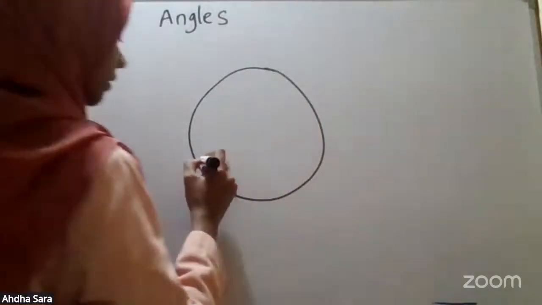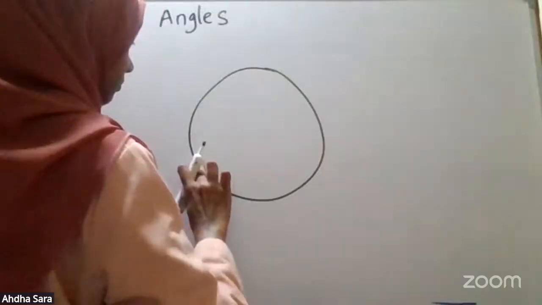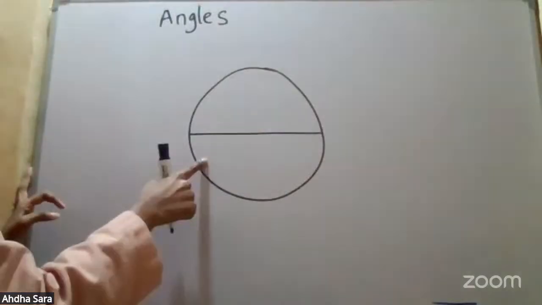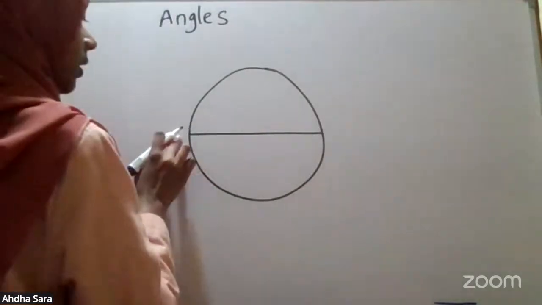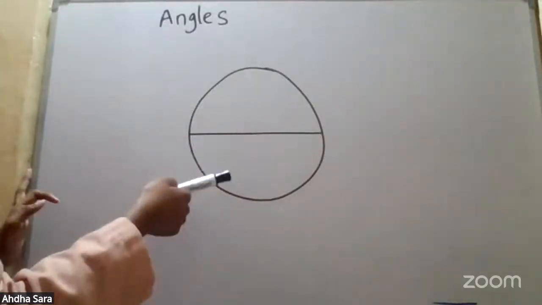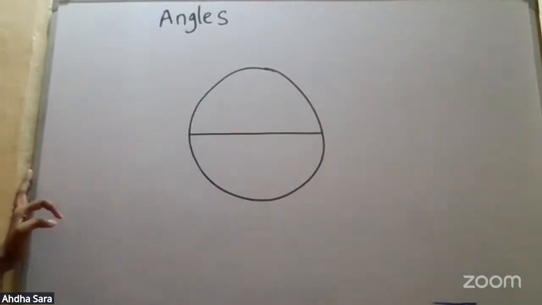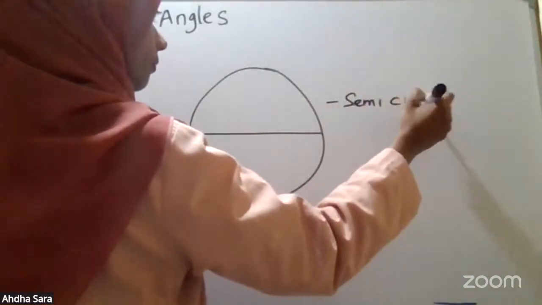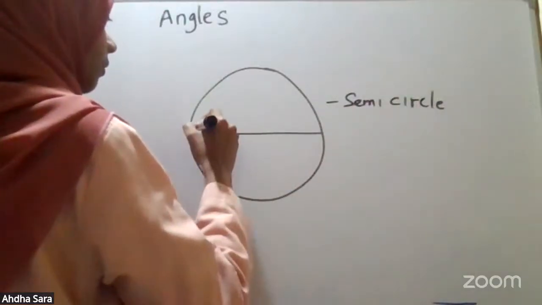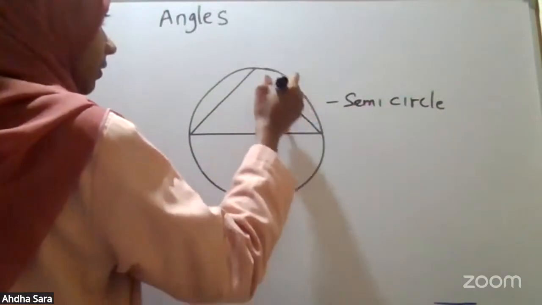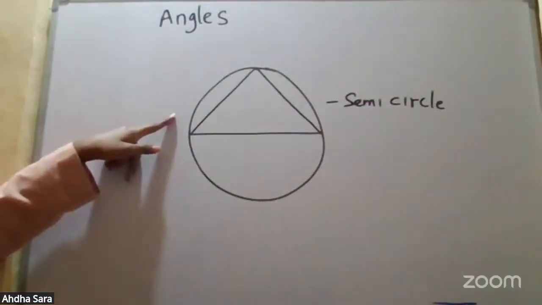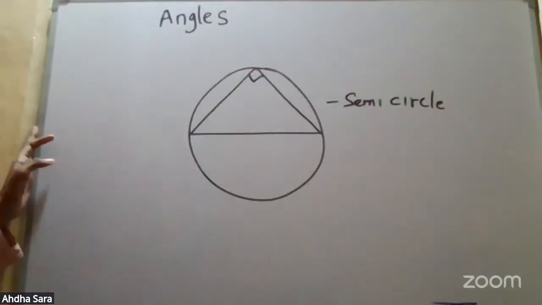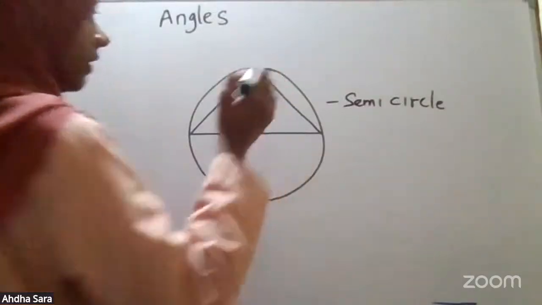Next, we have this diameter. So we get two equal segments. We call this a semicircle. When you make an angle inside a semicircle, this angle will be 90 degrees.